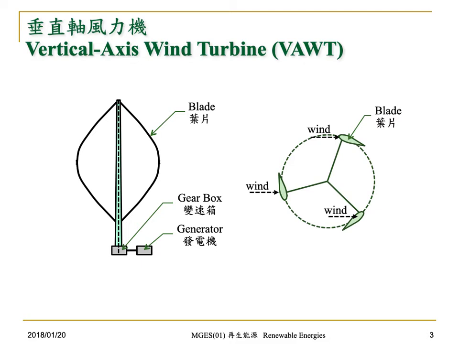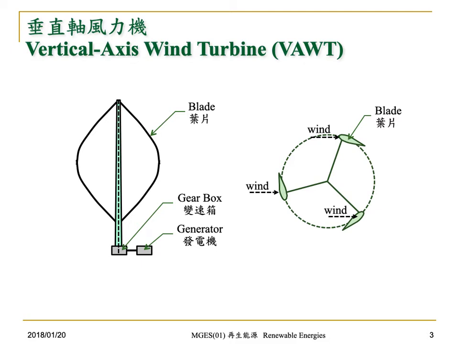Between the blade and the generator, there's a gearbox, because the blade only rotates at several RPM, but the power generator needs to run at a few thousand RPM. So in order to generate enough electricity, there's a gearbox to transfer the low rotating speed of the blade into a high rotating speed.